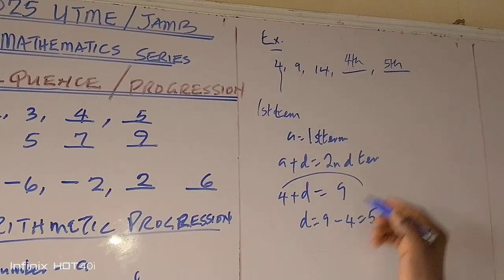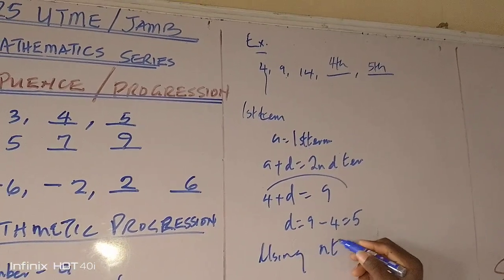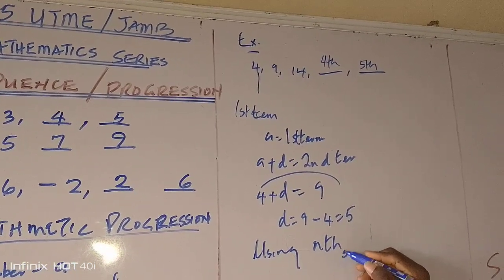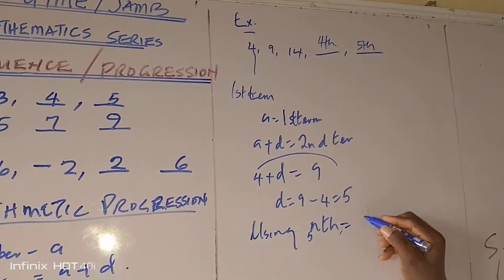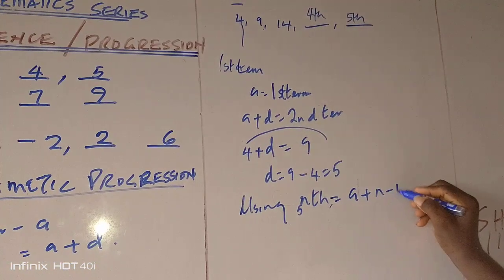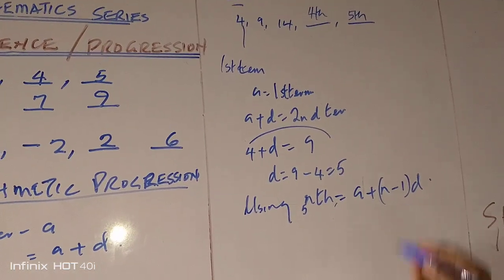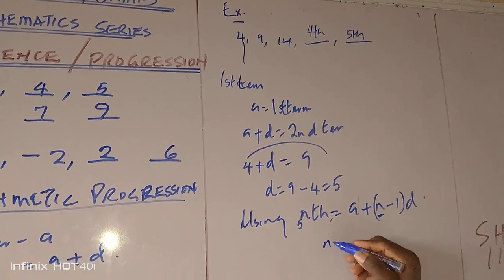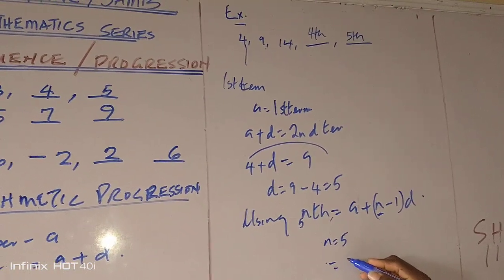If the question says look for the fifth term, for instance, I will use the formula for the nth term. My fifth term will be A plus n minus 1 times the common difference D. Here n is equal to 5. What is my first term?